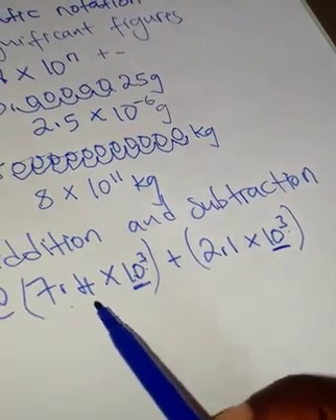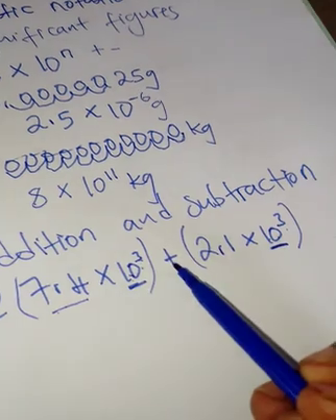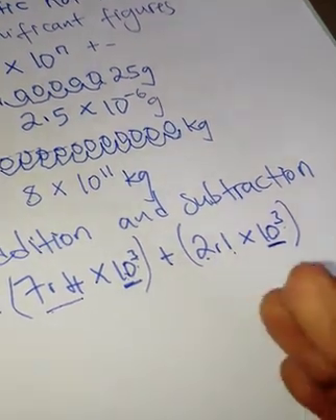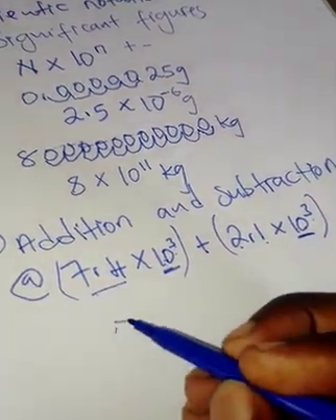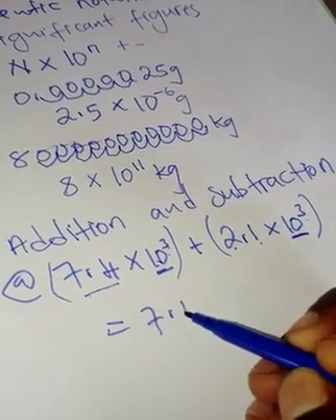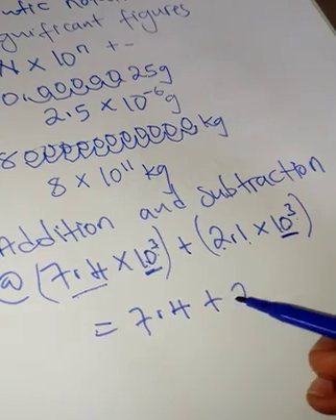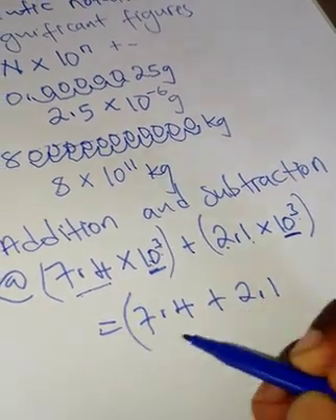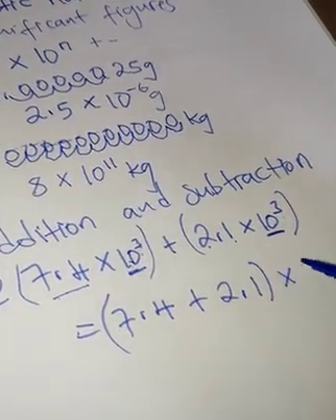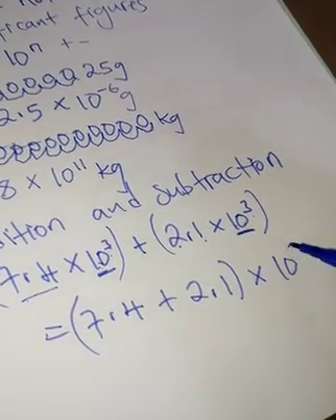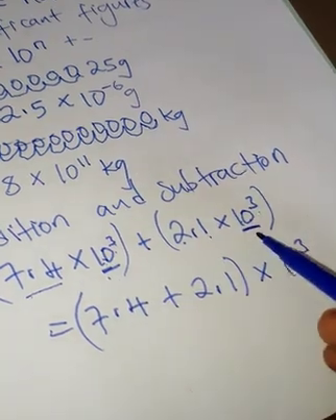So you simply add 7.4 plus 2.1, then factor out the 10. You write it like this: 7.4 plus 2.1, then multiply by 10 to the power 3. You have factored out the 10 to the power 3.